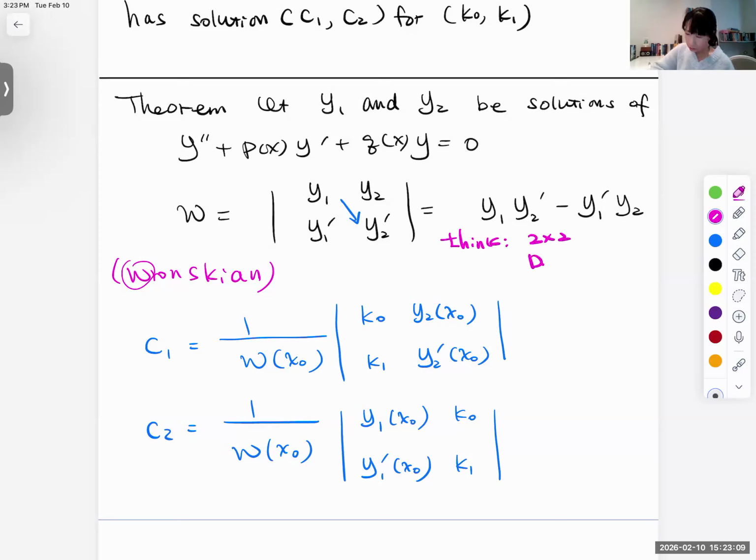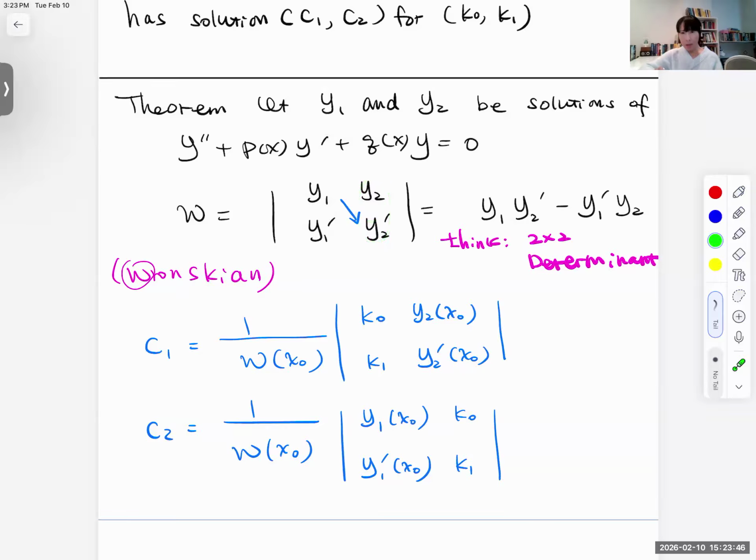Okay, then we multiply this way minus we multiply this way, diagonally, right? So in that case, we have y sub 1 times y sub 2 prime minus y sub 2 times y sub 1 prime. So the order is like that, right? So y sub 1 is the first column, and y sub 2 is the second column.